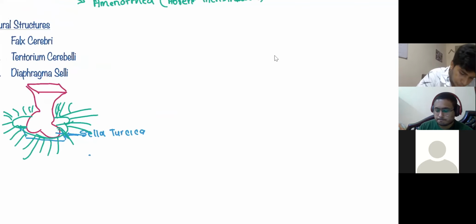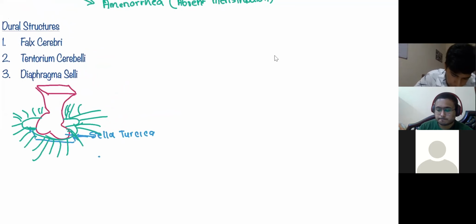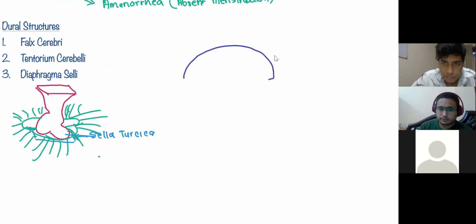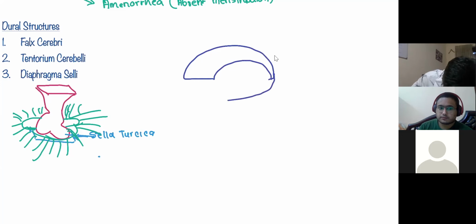What you need to know mostly is the falx cerebri, and let me draw it like this. It's like a scythe. Have you seen pictures of death holding a scythe? It is the same structure. It comes all the way to the front of the skull.